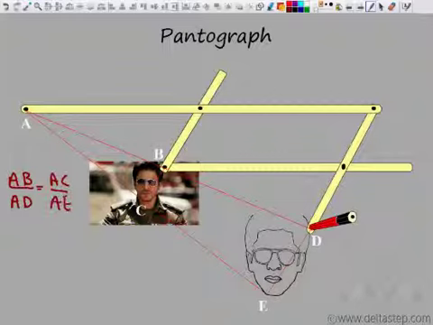Note that BC, DE are the corresponding points of these similar images. You can take any 2 points here and the corresponding points in the image here and draw triangles. So this ratio is always the same, and we know that angle A is common to both.